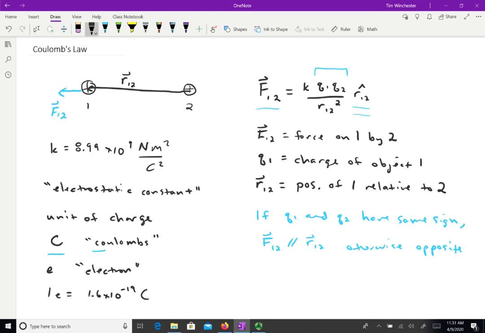Okay. One peculiarity about the unit of the electron is that it is in fact a positive unit of charge, even though electrons are negative. So that's just an unfortunate fact of how we think about these units.